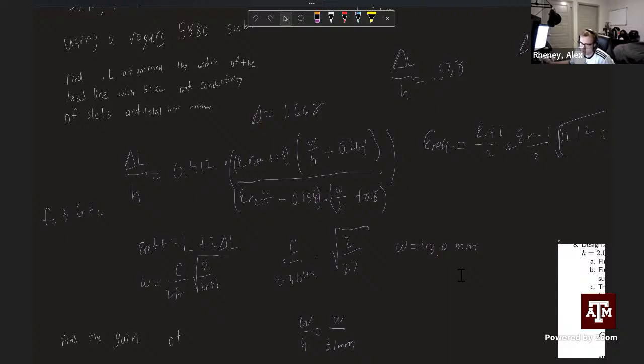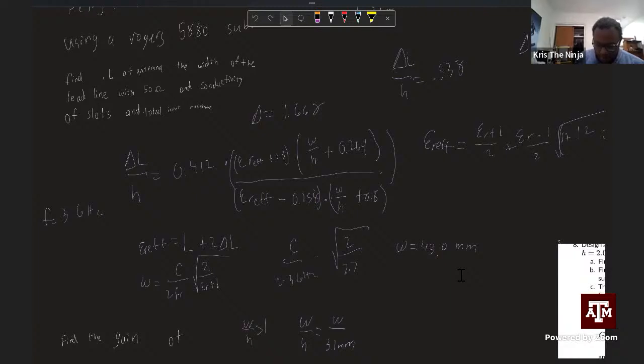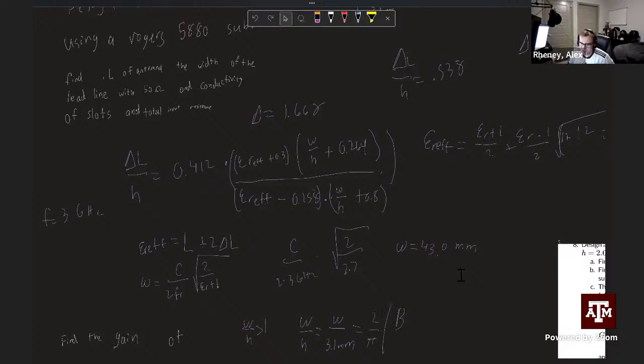We said that was around 3, so we use W over H is equal to 2 over pi times, in big parentheses, B minus 1 minus ln of 2B minus 1, end of parentheses for the natural log, plus epsilon r minus 1 over 2 epsilon r, times the natural log of B minus 1 again.